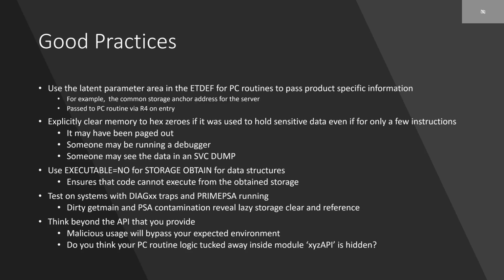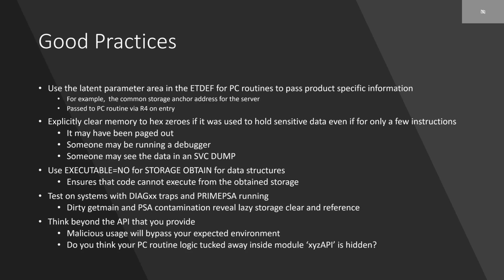And if you are a system software author, you should be running a couple of things. There are these DIAG_xx traps that you can specify in PARMLIB, where you can get the system to deliberately dirty the storage that you get back on GETMAIN and STORAGE OBTAIN if it doesn't adhere to those rules that we mentioned earlier.